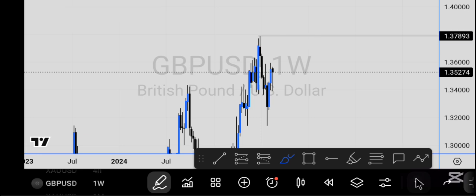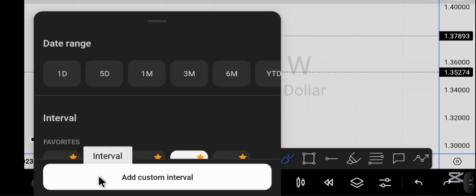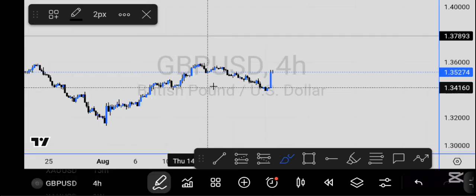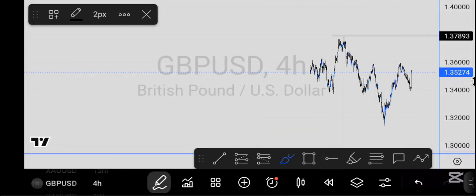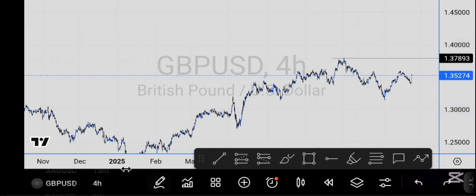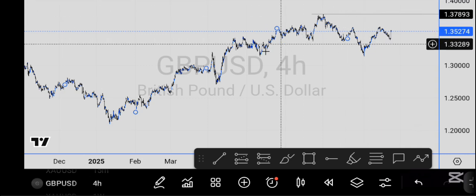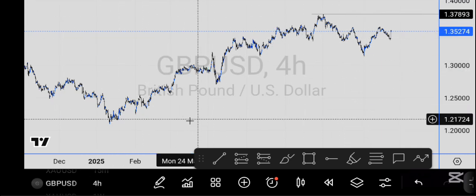So having done our weekly time frame analysis, let's go straight to the 4 hours. On the 4 hours, we are going to do the same thing, shrink the chart and see. You can see currently we are looking bullish on the 4 hours time frame.